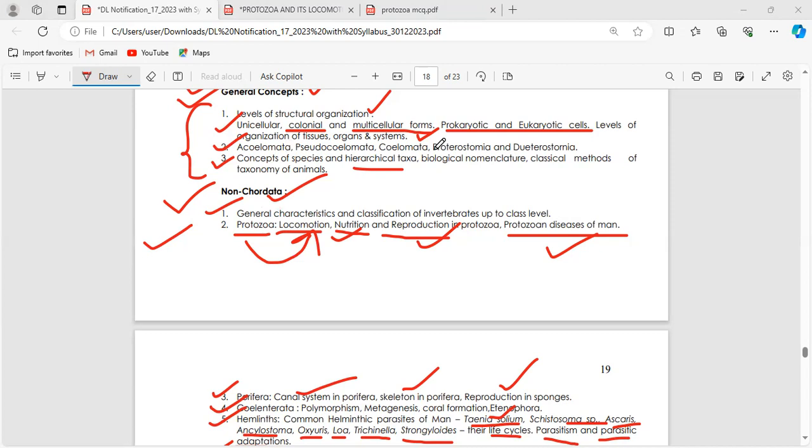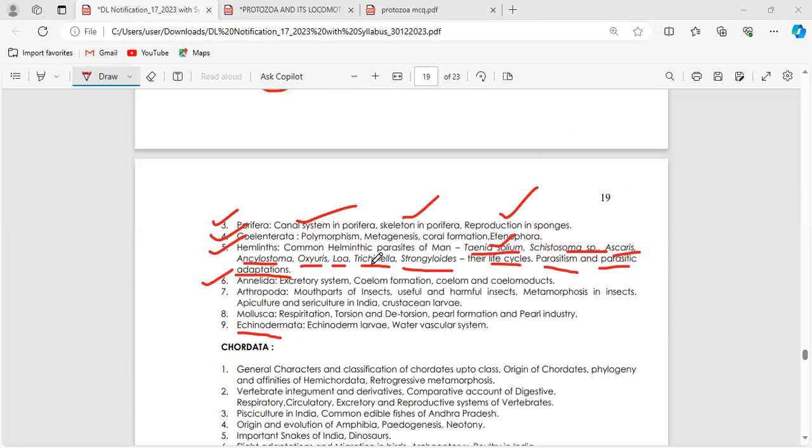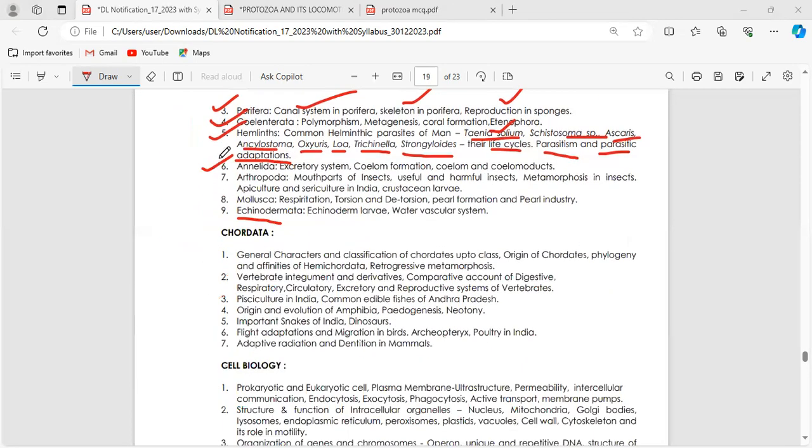Acoelomate is a subdivision, and this subdivision comes from which division? If you know these basic things, you can easily answer the question. If they ask a question with respect to the coelom, body cavity, whatever question they throw at you, you can easily answer the question by eliminating the options.